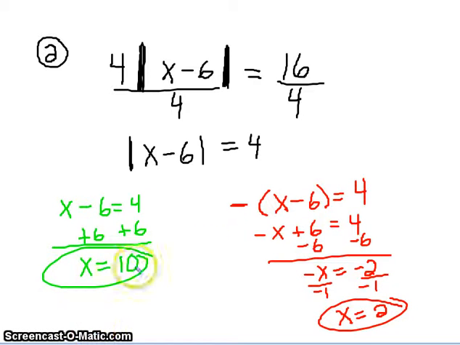We said x equals 10 works, but let's see what happens if I plug in a 2 up here. Well, 2 minus 6 gives me negative 4. But because it's the absolute value, I can take the absolute value of that negative 4 and it becomes 4. And 4 times 4 gives me 16. So I'm good.